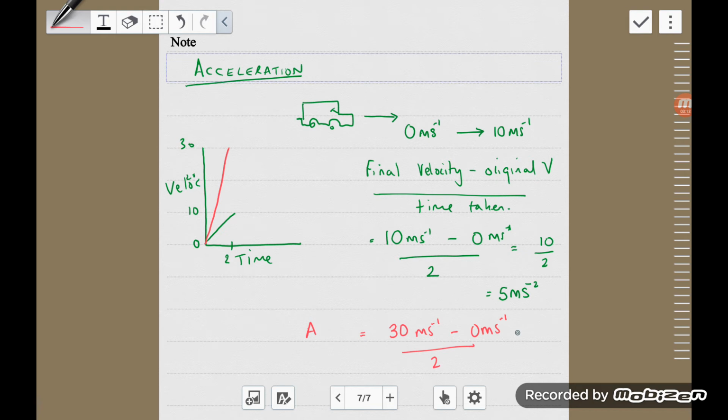So 30 minus 0 is 30, and it took 2 seconds. And so there we've got an acceleration of 15 meters per second. So each second the car increased its velocity by 15 meters per second. And that really is acceleration. It is how long it takes for a change in velocity to occur.